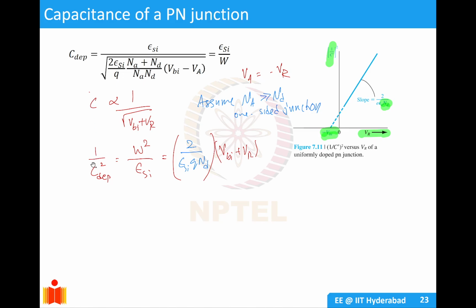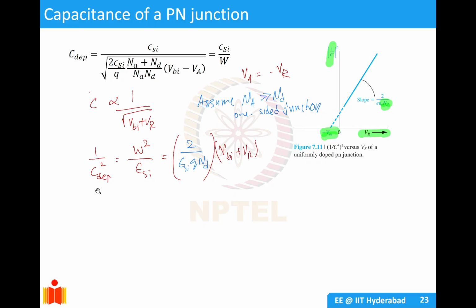So 1 by C depletion square becomes W square by epsilon Si. If we open it and assume Na is greater than Nd, that is a one-sided junction, then Na plus Nd upon Nd just becomes 1 by Nd. So this value becomes 2 by epsilon Si q Nd into Vbi plus Vr.